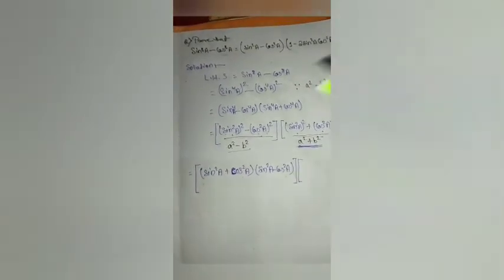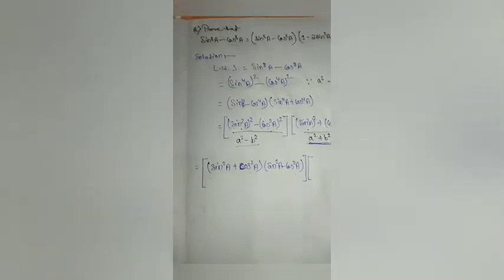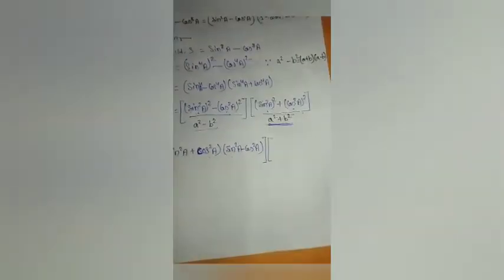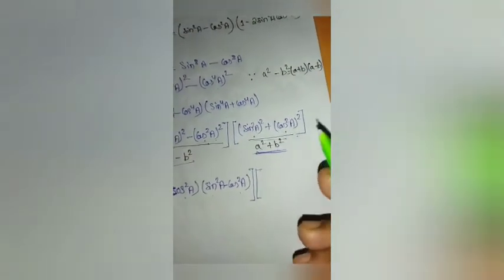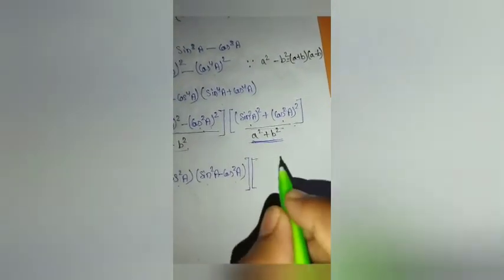This is the key point of this whole question. If a student knows how to break this one, then he can easily solve these types of questions. So we're going to break this equation according to this formula. Sine square a plus cos square a: first we write (a plus b) whole square minus 2ab.